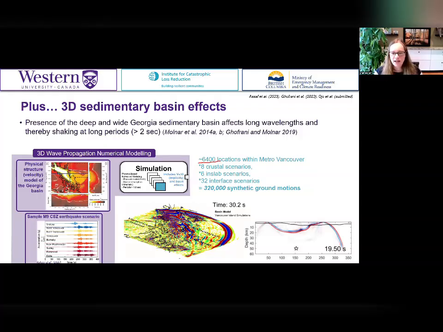So for 6,400 locations, we're predicting ground shaking for over 50 earthquake simulation scenarios that we run, and we have a database of ground motions to determine what the shaking level is, and some pictures of the simulation that's running from the earthquake source. The waves propagate up into the basin, increase in amplitude, and are kind of stuck and reverberate within the basin structure.